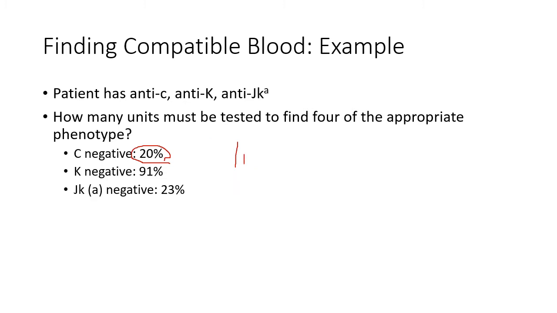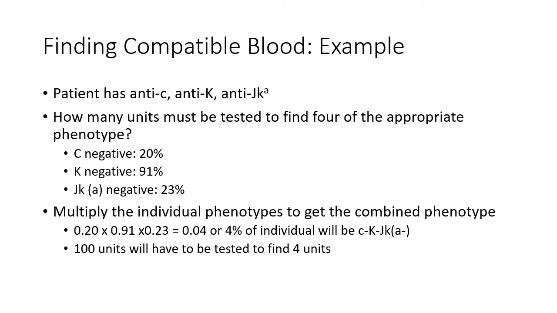So let's erase this. What do you do to find out? Well, multiply the individual phenotypes to get the combined phenotype. So we took 20%, changed that into a decimal, which was 0.2, then 91%, which is 0.91, and 23%, which is 0.23.